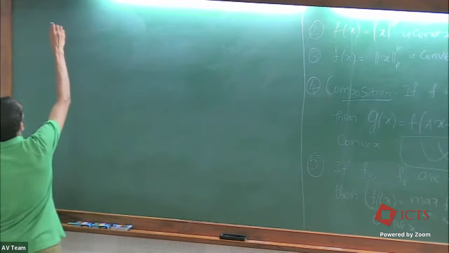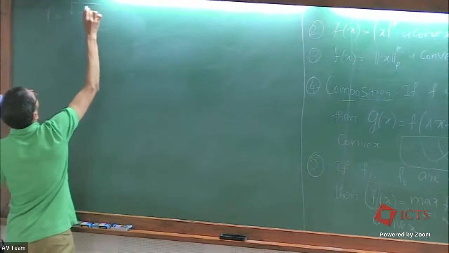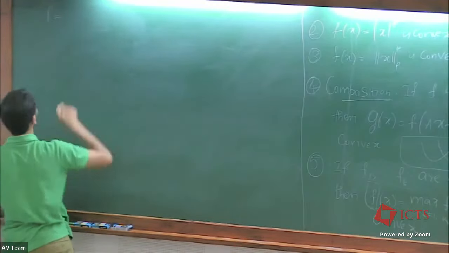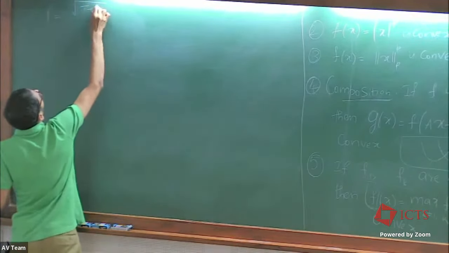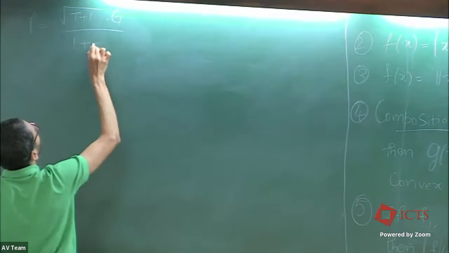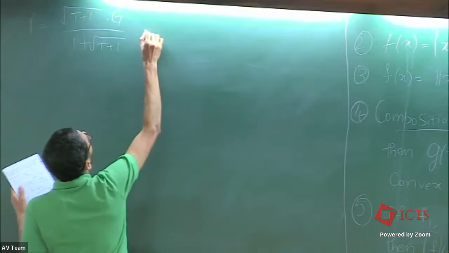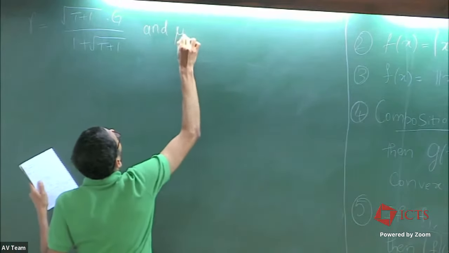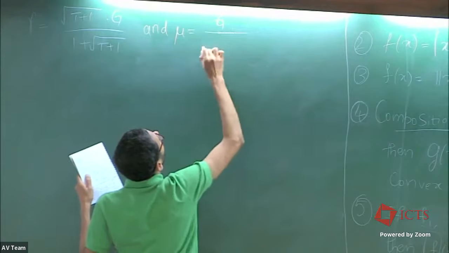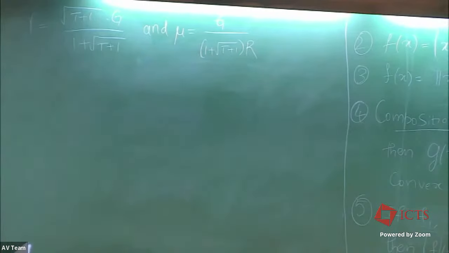Okay, so first let's pick the choice of gamma and r. So gamma and mu are chosen as follows.